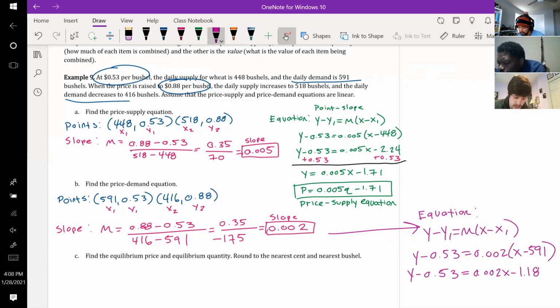There's a 2 on the end, but I don't think we need it. So 1.18, 0.002 times 591. Okay.